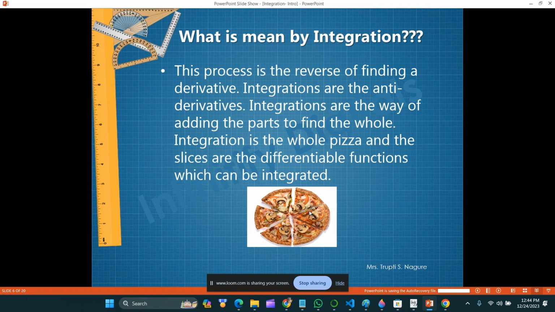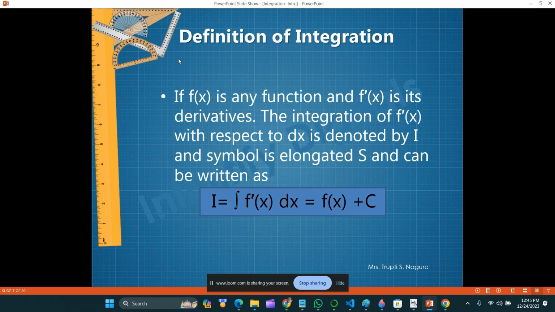Okay, so you can remember easily what is meant by integration from this example. Integration is the reverse process of finding a derivative, or we can say it is the antiderivative. We'll see the definition of integration in the next slide. If f of x is any function and f dash x is its derivative, this process we have already seen in the first semester.